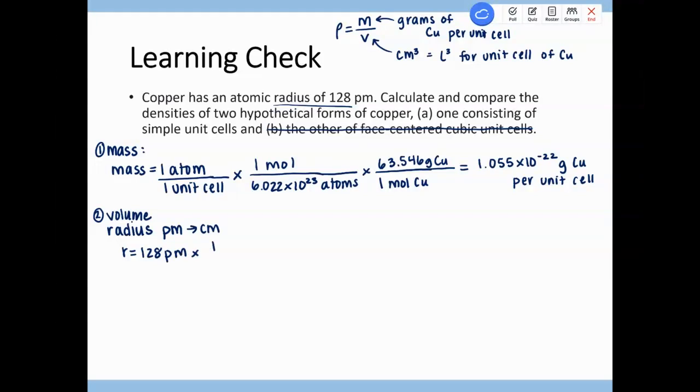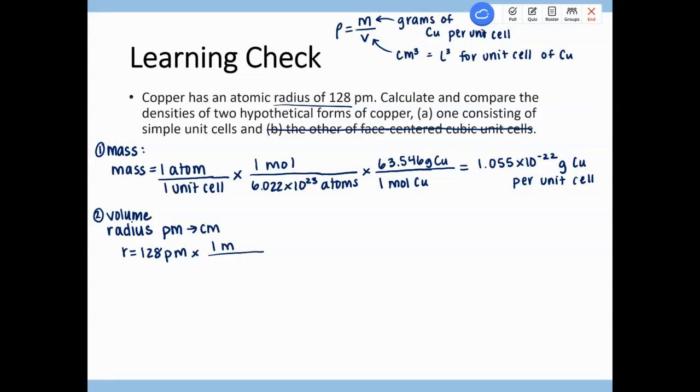Now, in the table that we learned last term, one of the units to remember is picometers to meters and centimeters to meters. But going from picometers directly to centimeters, I wouldn't necessarily expect you all to remember. So if you're working on homework, you can do a more direct unit conversion, but I will go picometers to meters.